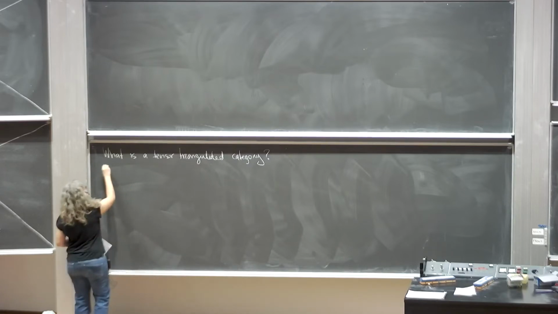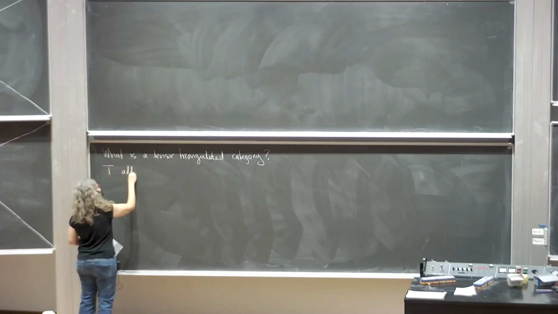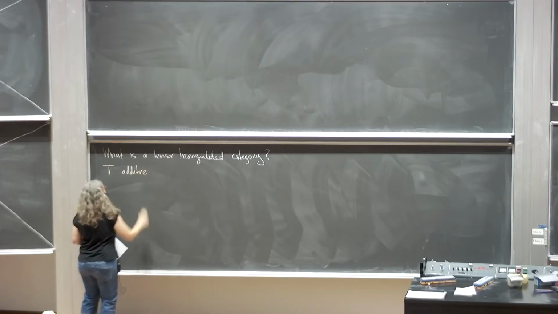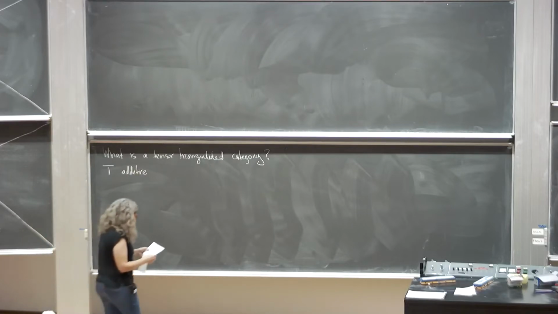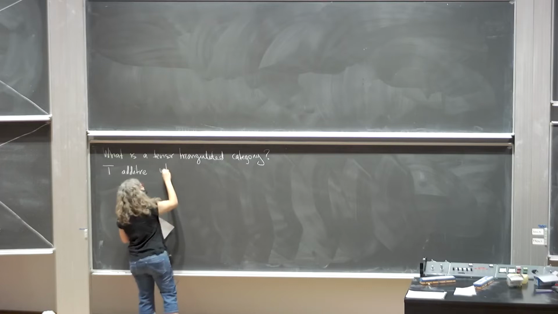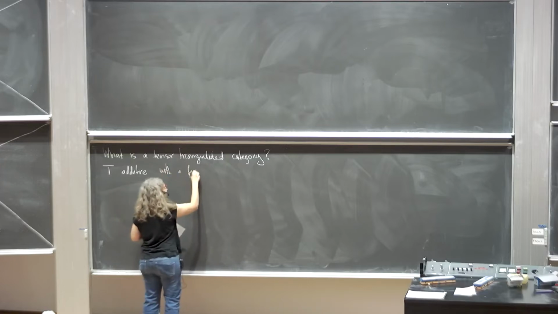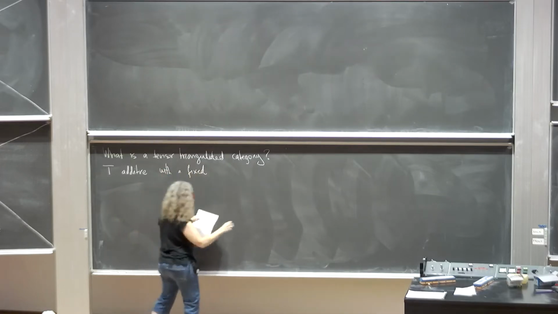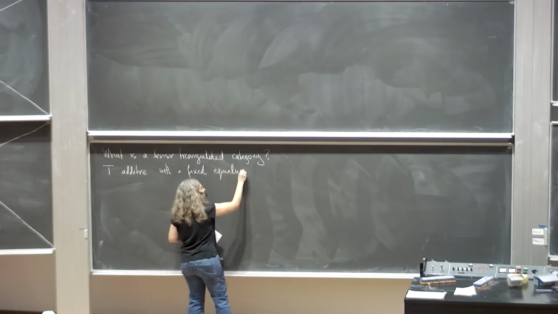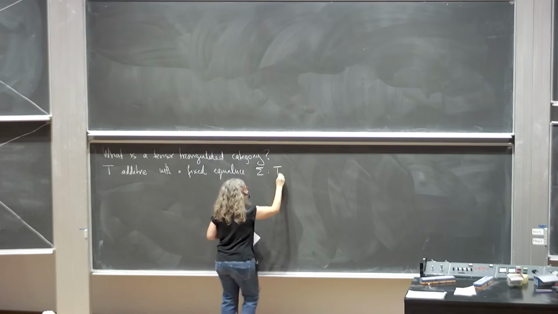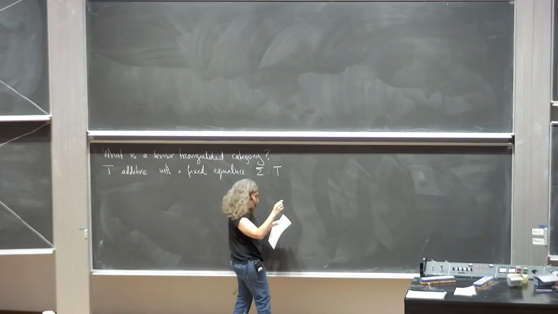Let's start with an additive category, so the sets of morphisms have an abelian structure, they are abelian groups. And with a fixed equivalence, which is going to be called the shift or the suspension.